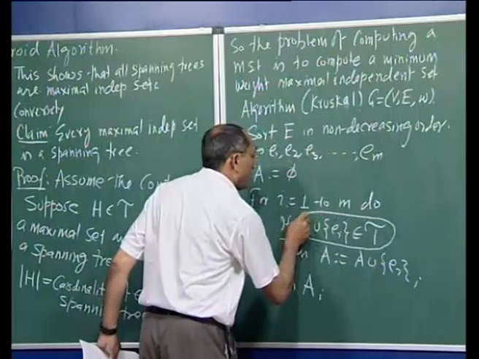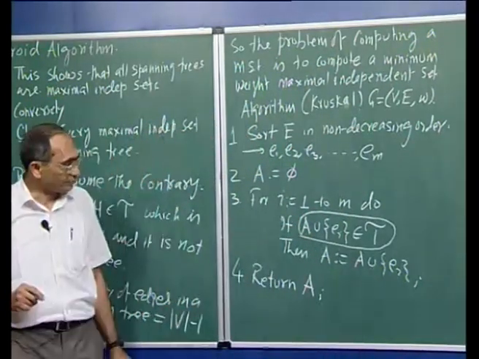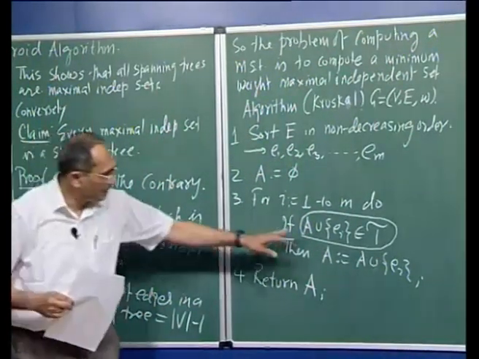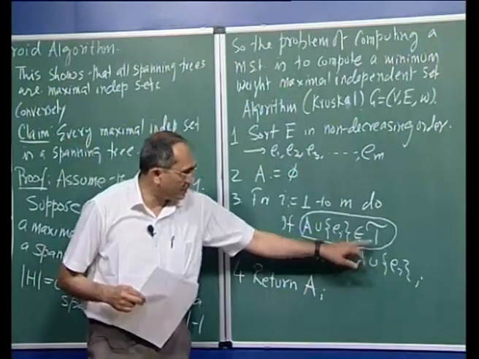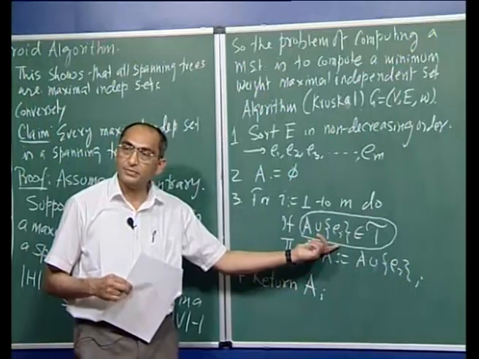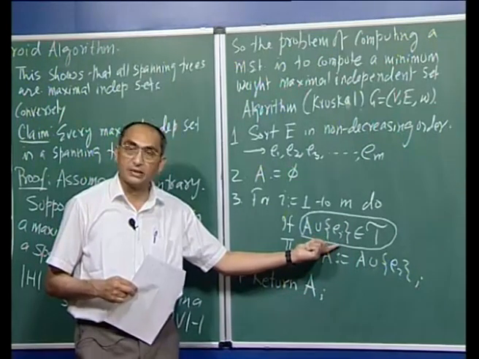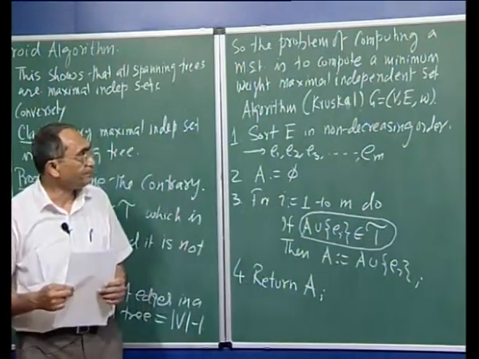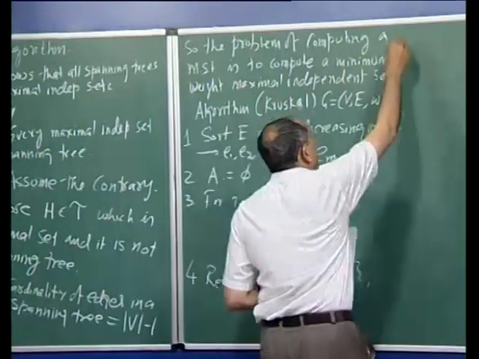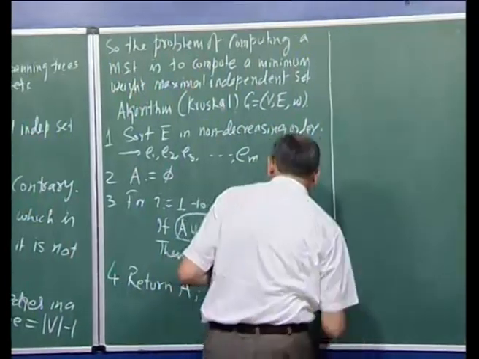We have to figure out how to test the membership of T. The criterion for this to be a member of T is that this should be cycle free. That is the necessary and sufficient condition for this to be a member of T. Now let us try to see what it involves.